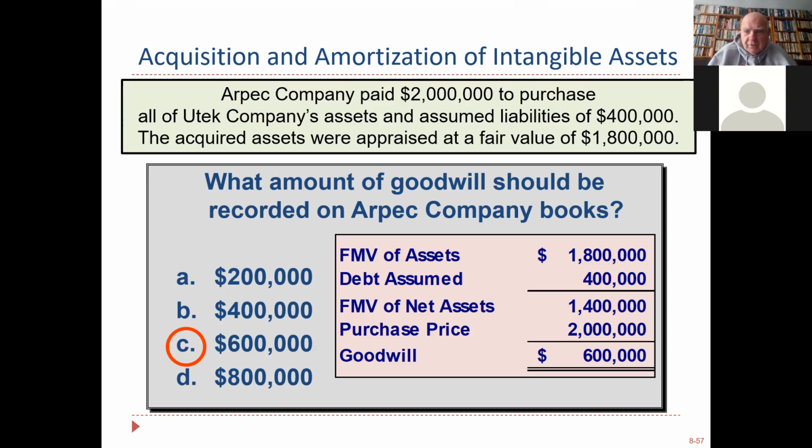Or RPEC is looking at UTEC and saying UTEC's managers are a bunch of morons. They're doing everything wrong. If we took that company over, we could turn that 1.8 million into 5 million in a couple of years. So there's reasons for it. And another big reason is they probably offered UTEC $1.4 million, and Mr. UTEC said, "Get lost. I want 2 million. Take it or leave it."